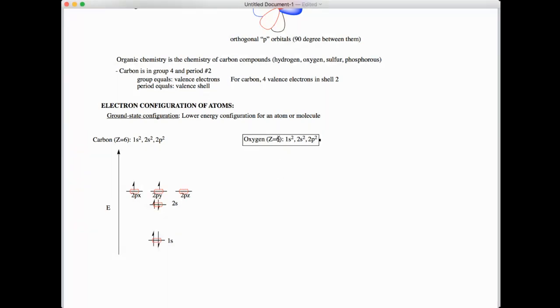So what about oxygen, guys? What's the atomic number of oxygen? 8. So if 8 is the atomic number of oxygen, that means that we have 8 protons, and then we have 8 electrons. So if we have 8 electrons, we just need to add to compare with carbon.